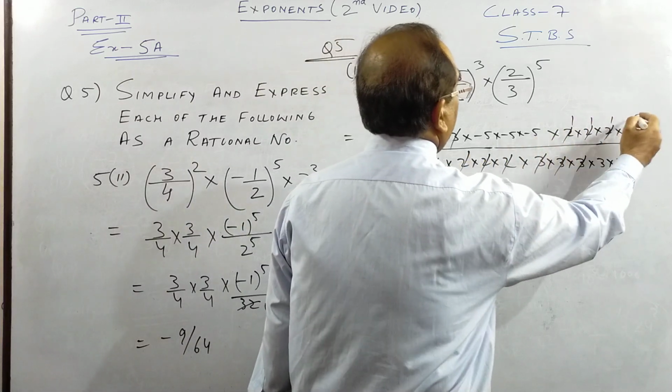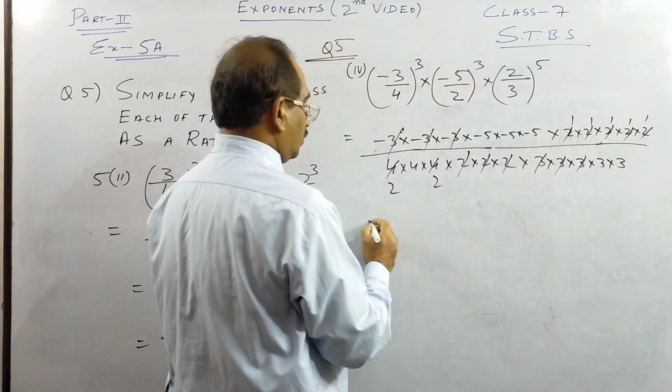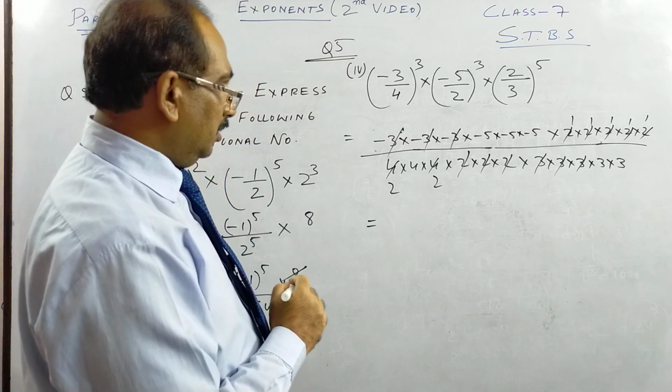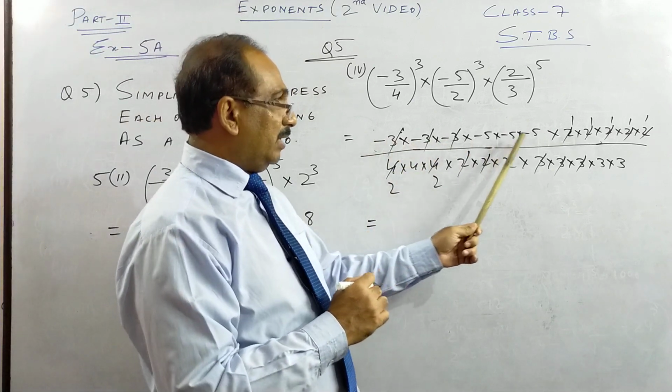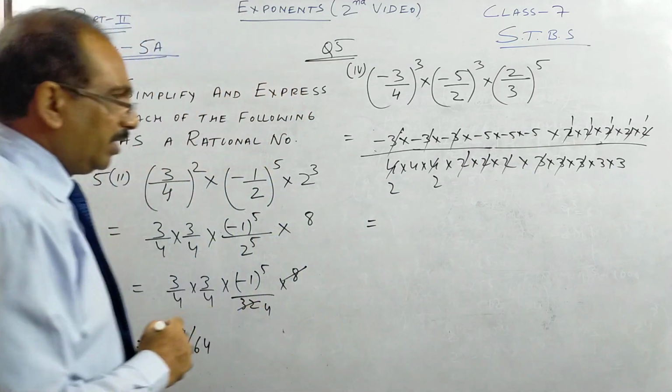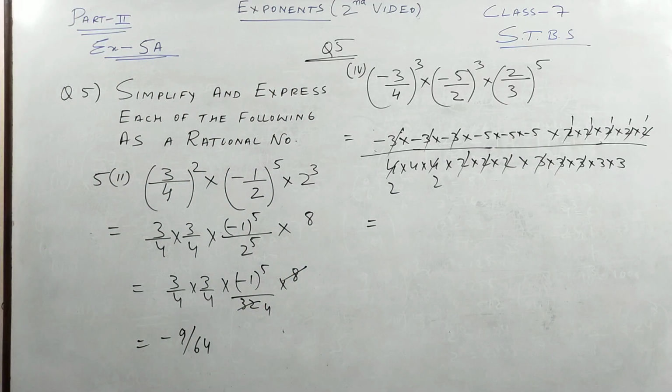So generally 1 remains when you do. So children, you see we have 1 2 3 4 5 6, 6 times we have your minus. So I told you minus, if you have even number of times you get plus.